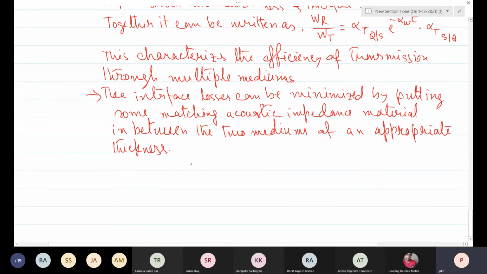The impedance would be the square root of the product of the two impedances, and the thickness would be proportional to lambda by 4, where lambda is the wavelength. So those things we shall discuss later. Here we will just discuss the matching impedance.